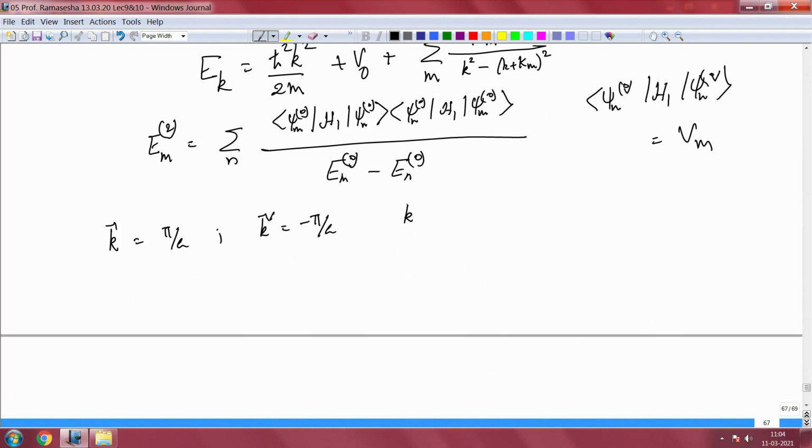Or I can write k prime is equal to k minus 2 pi by a, which is the reciprocal lattice vector. Sorry, in one dimension there is no need for the vector symbol.